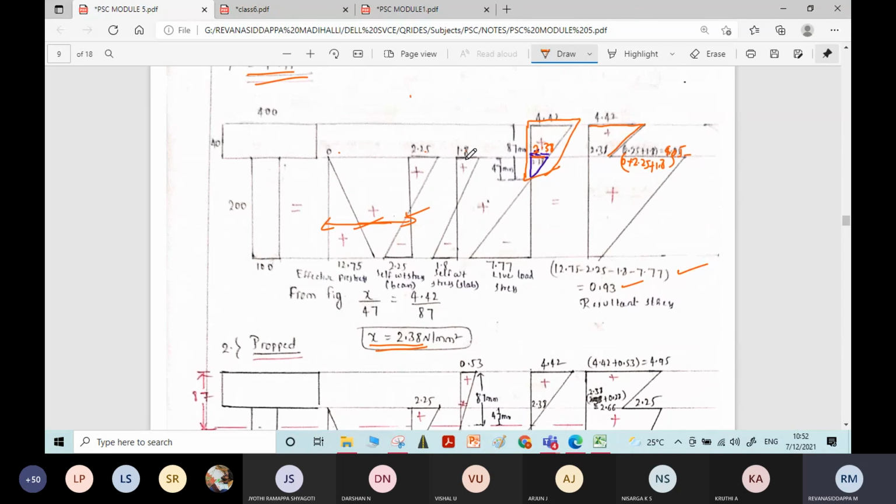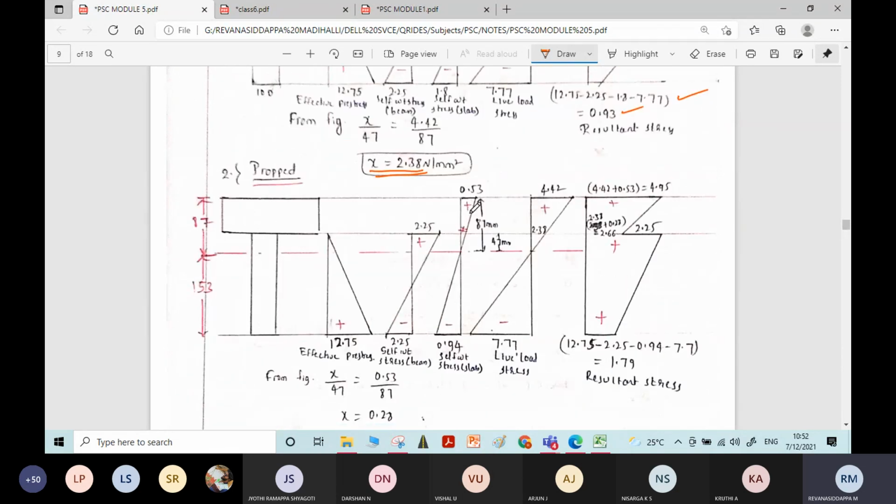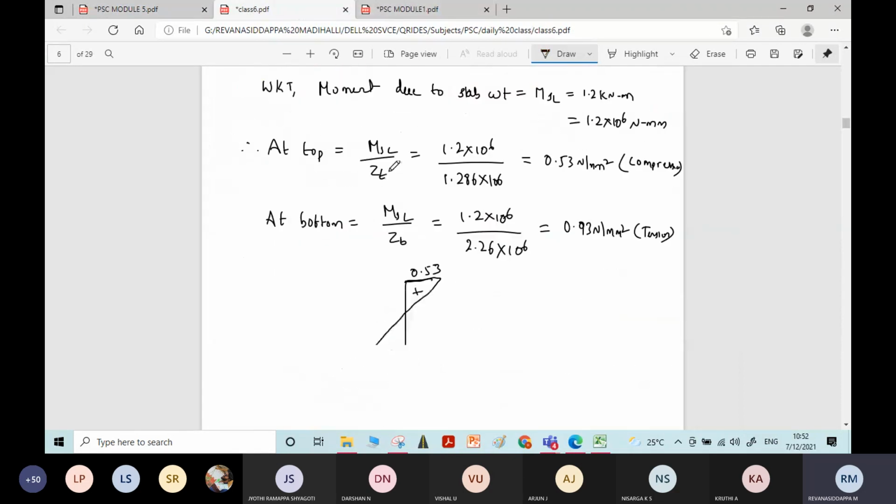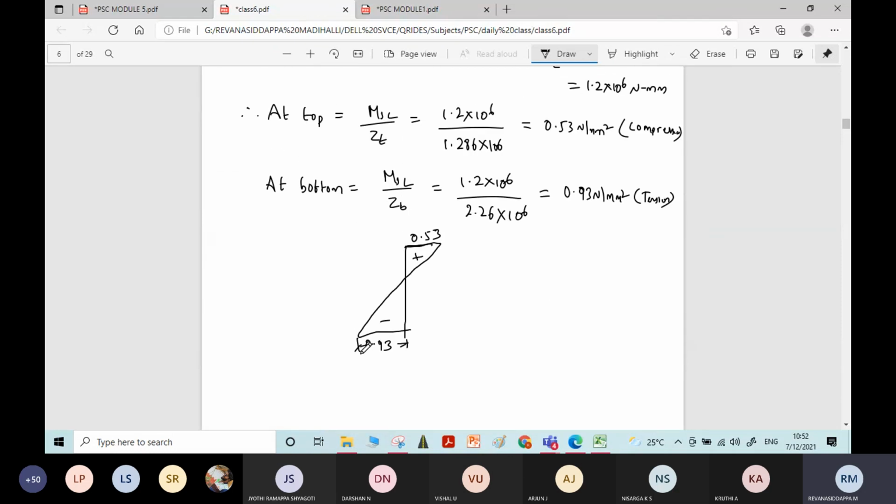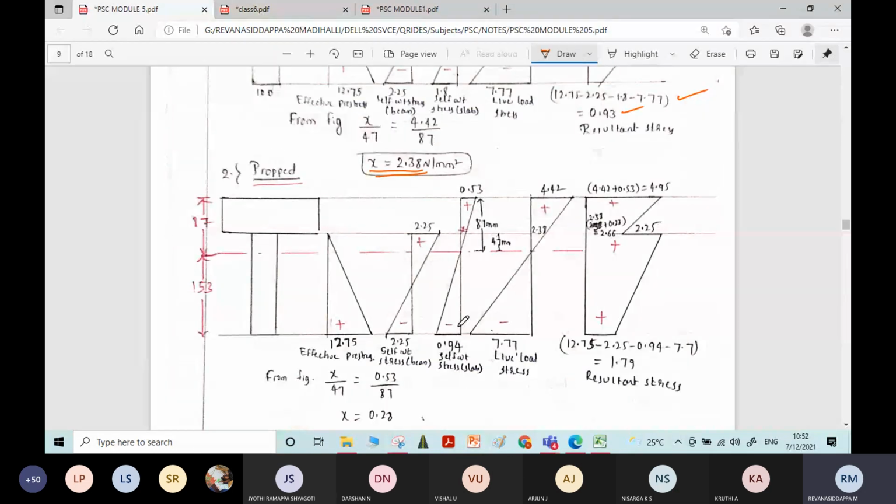Here we have written with respect to the beam height only; here we have to write corresponding to the full height, because we have taken the section modulus of the full section. 0.53 at the top and 0.93 at the bottom, corresponding to the full height.